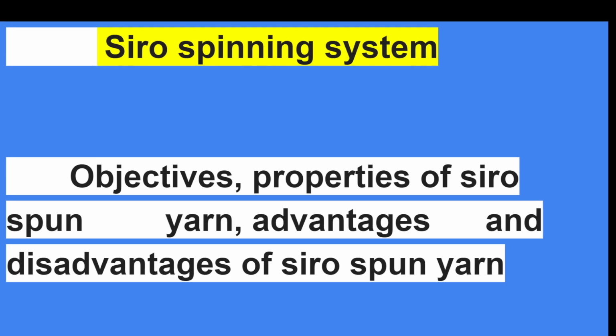Guys, as I told you, double fold yarn is produced on the Siro spinning system or mechanism, so the requirement of extra doubling and twisting is not needed.